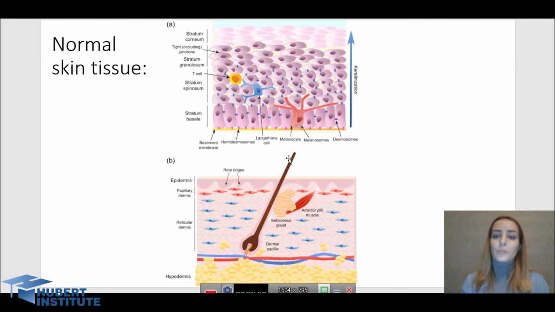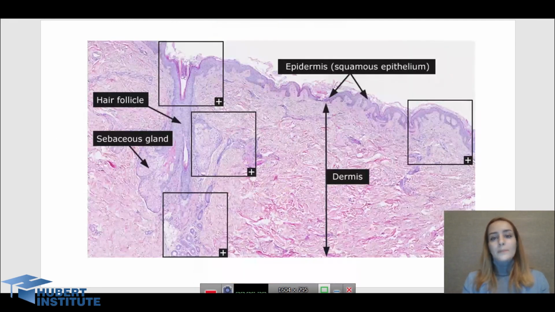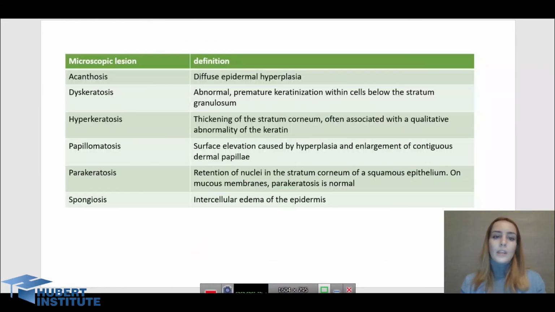So the difference in coloration in our skin is because of the different amounts of melanosomes. That's an important thing. This was, as I told you, the microscopic view of our skin.